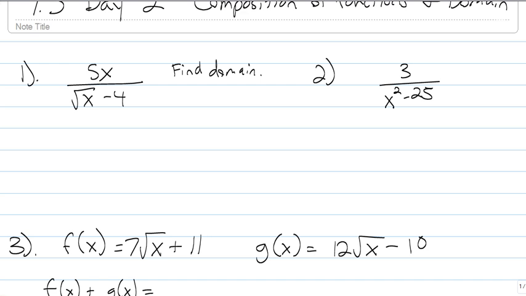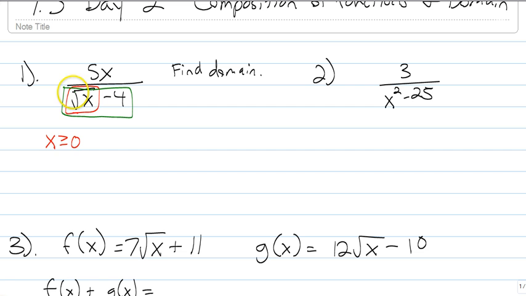So, first off, I see a square root of x here. Because I see a square root of x, I know that x cannot be negative numbers, because if I put a negative in there, I get an imaginary answer. So right away I know x has to be greater than or equal to 0. However, is that the only answer? What else makes the bottom 0? Well, we have this minus 4 here.